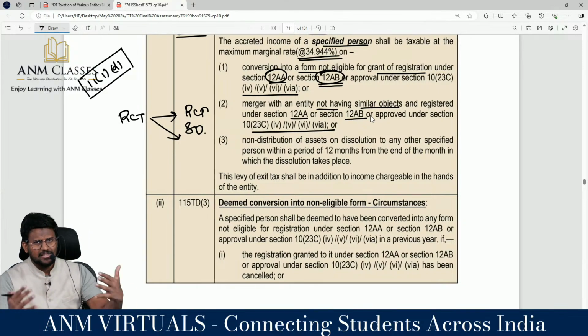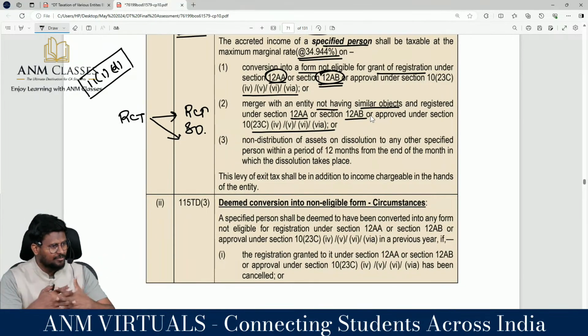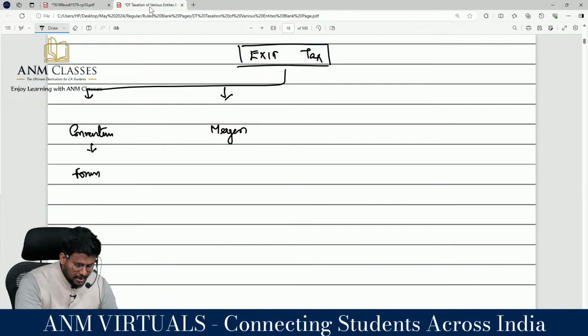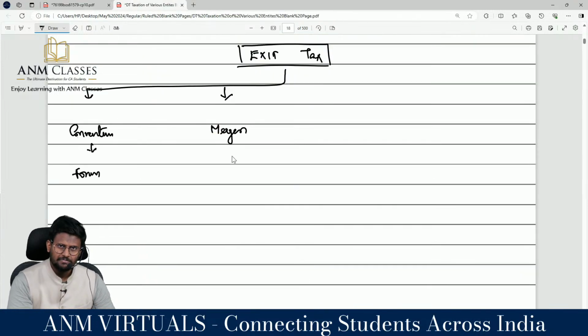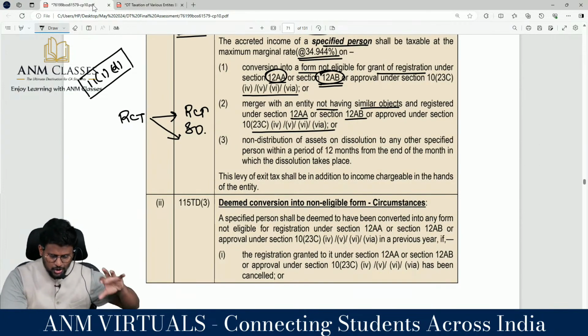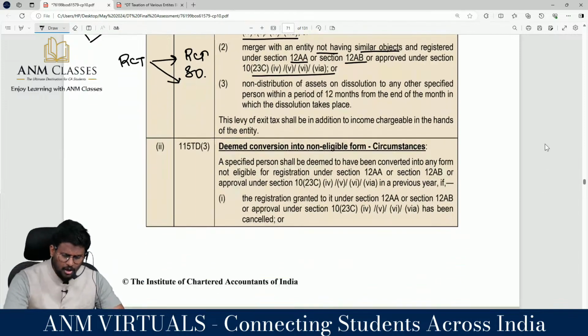So a registered charitable trust has been merged with a company. You have merged with a registered charitable trust with no similar object, or with an entity, my dear lovable students, who does not have a registration under 12AA or 12AB.